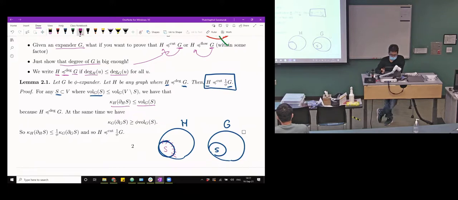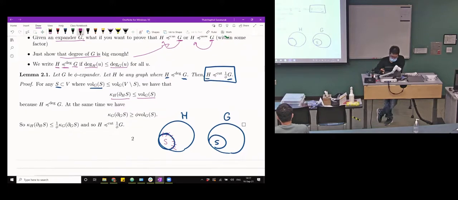The cut size in H is trivially at most the volume in H. But because H is less than G in degree, the volume of S in H is at most the volume in G. Make sense?